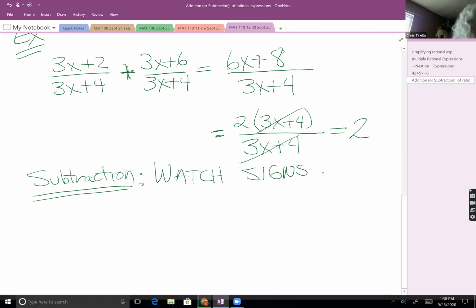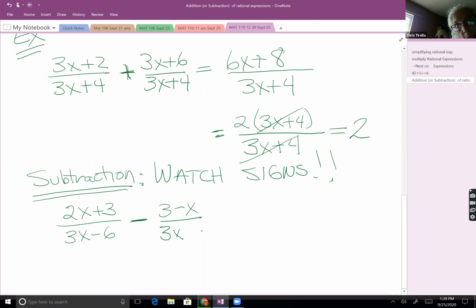Be very careful with your signs. What do I mean by that? Let's look at (2x + 3)/(3x - 6) minus (3 - x)/(3x - 6).